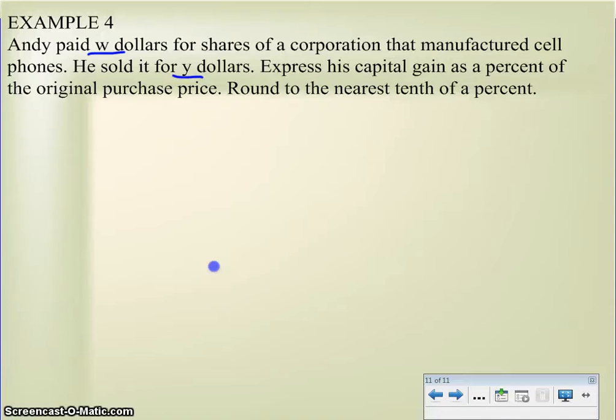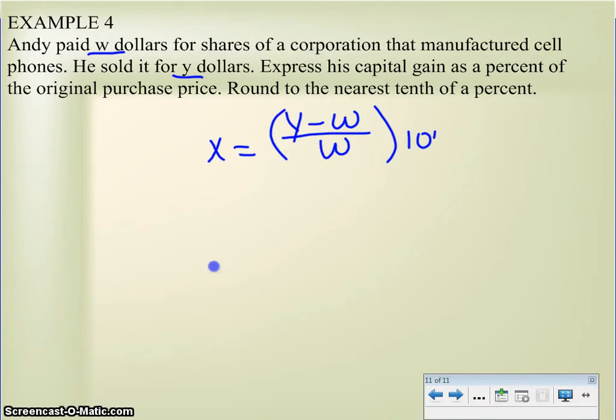So W was the paying price, selling price was Y, so Y minus W gives me my difference, divided by that purchase price, and then it wants it as a percent of it, so I'm going to take the whole thing and multiply it by 100 to get it to a percent.